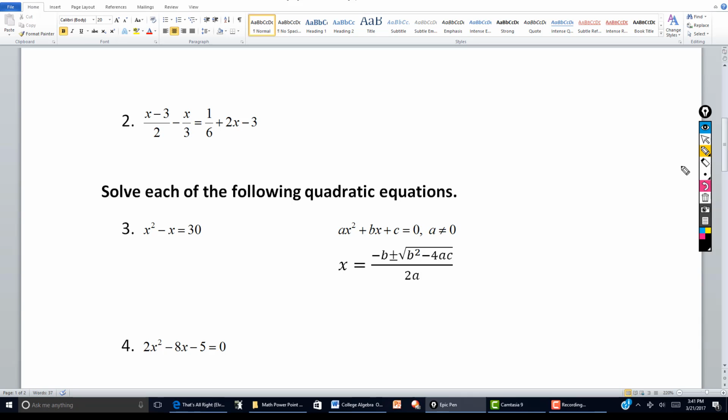But we proceed this way, okay? What you're going to do is you're going to assume that the equation factors. So normally, if you're going to solve a quadratic equation, you want to put it in this form right here, okay? So in other words, you want one side to be 0.